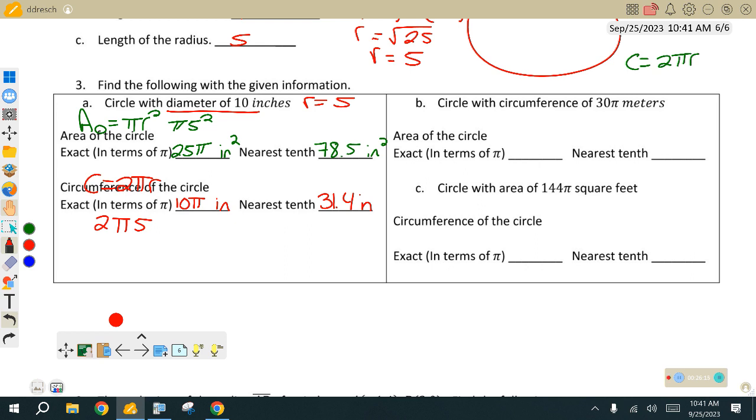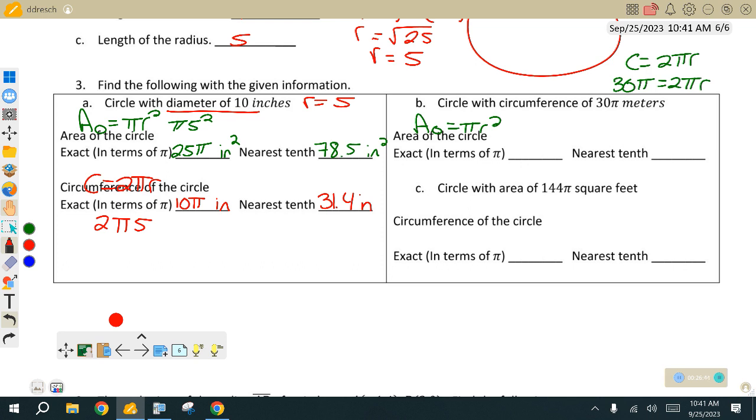What do you have? 30 pi. With that being the case, why do I have that 30 pi equals 2 pi r? What do I need to have? I want to calculate the area. If I want to calculate the area, what do I have to have? I have to have the radius.